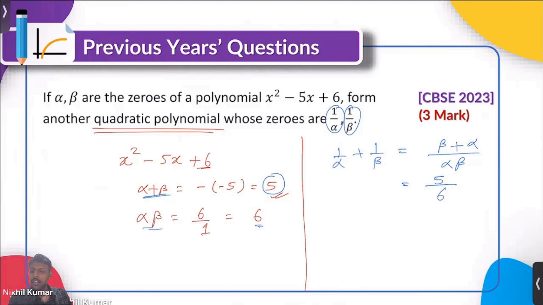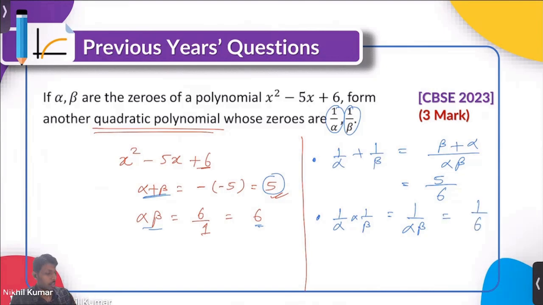So for the second quadratic polynomial, I've got the sum of its zeros. Let's find the product of its zeros. This is one thing which will help me frame the second quadratic polynomial. And 1 upon alpha into 1 upon beta is 1 upon alpha beta, which is 1 upon 6.